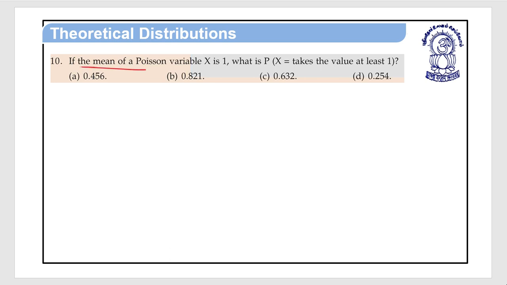If the mean of a Poisson variable X is 1, what is the probability that X takes the value at least 1? Here the mean of the Poisson variable is mu equal to m equal to 1.